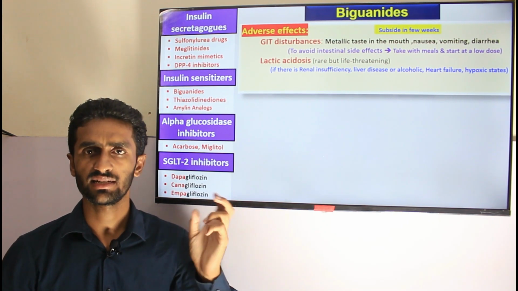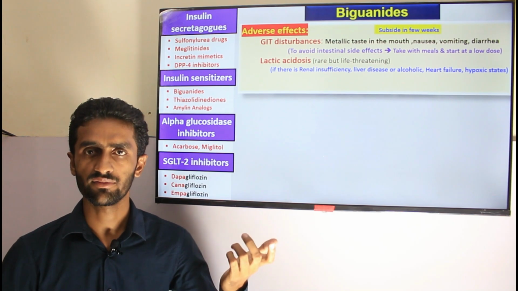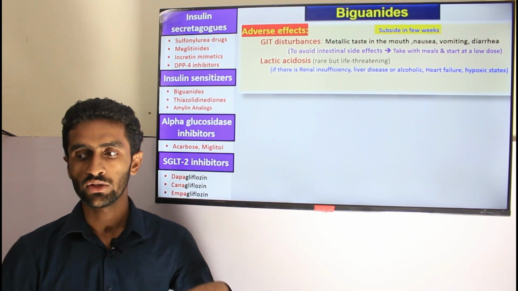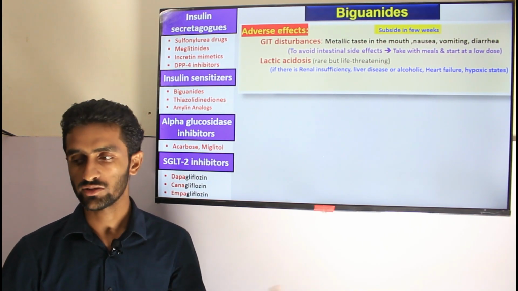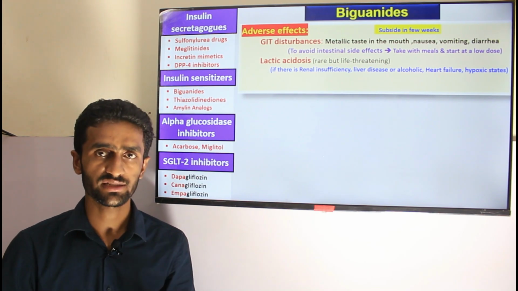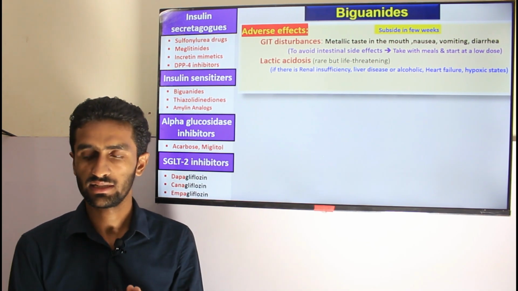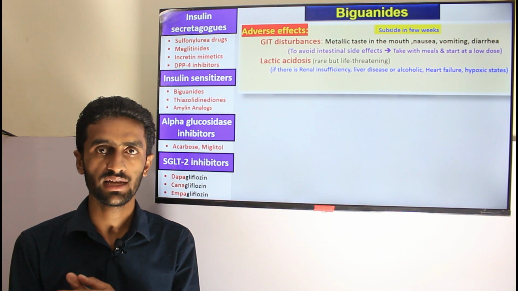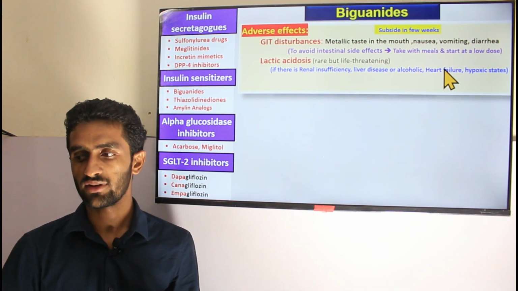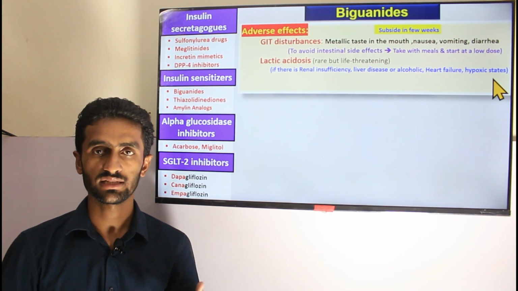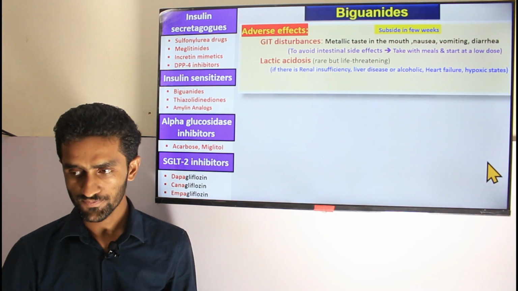Where does the lactic acid come from? Anaerobic glycolysis. So alcoholic patients have increased lactic acid production. If there is heart failure or hypoxia, that means low oxygen supply towards the tissue, which also stimulates anaerobic glycolysis.